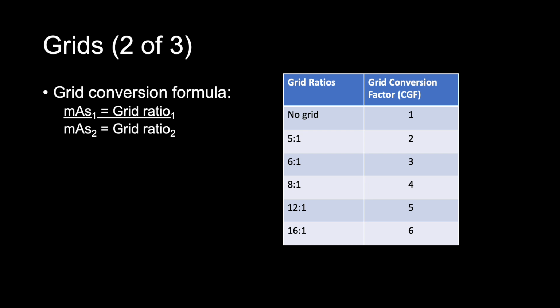And that equals 1x. And then we're doing 10 mAs equals x. So you're just doing 2 times 5, and that is 10 mAs.